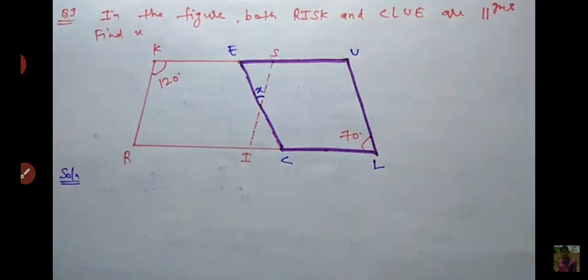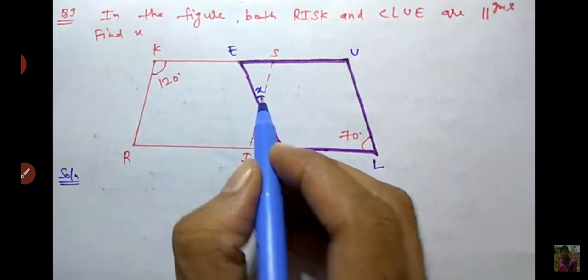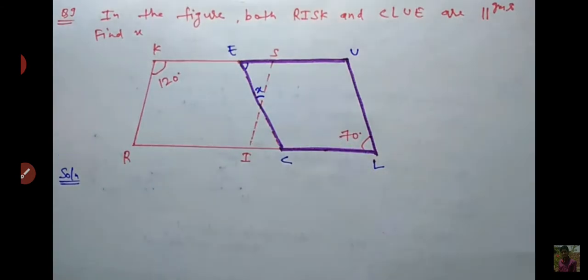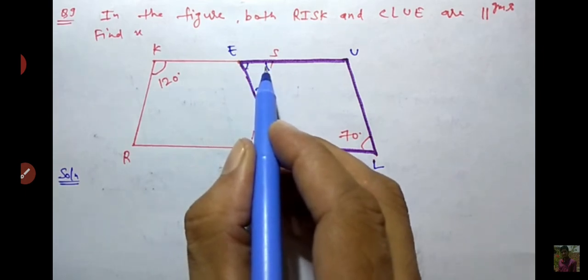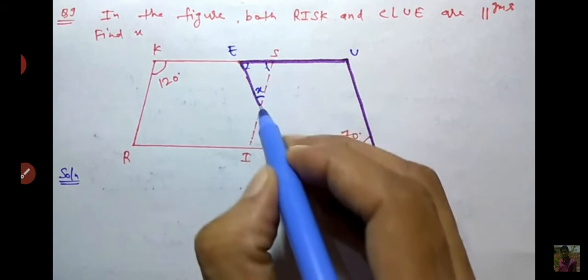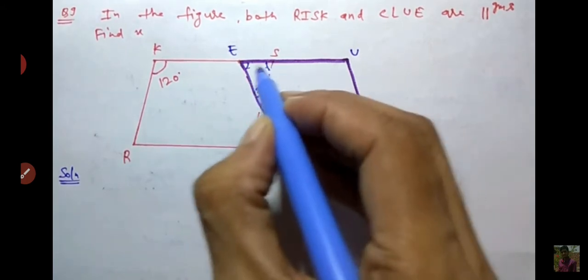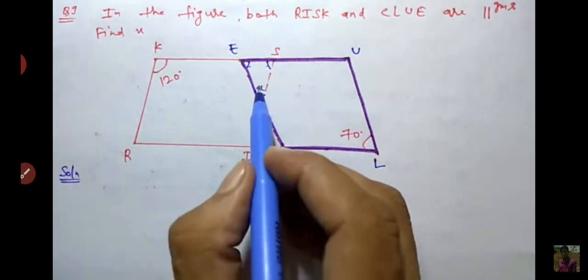It is given that it is a parallelogram. All the properties of parallelograms you know. Understand? This is a small triangle. Two triangles are here. Now see here.